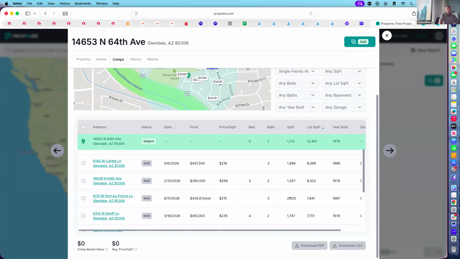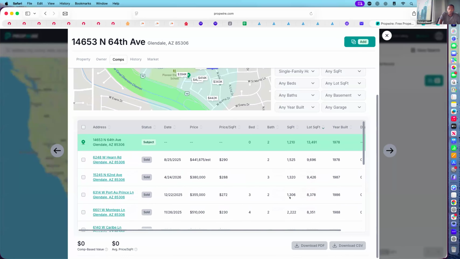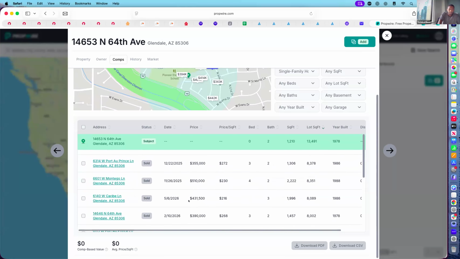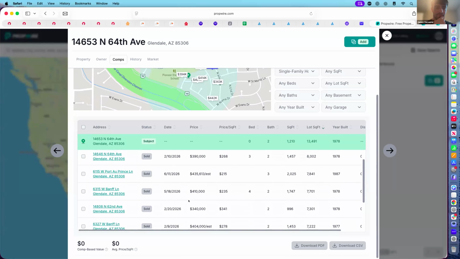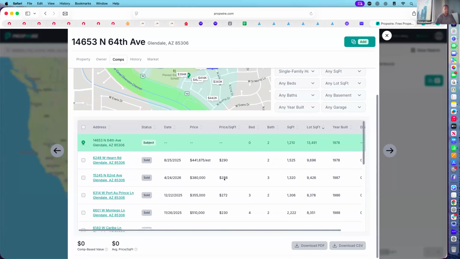But you would think because they built a 2,000 square foot home that they would have at least sold over 450. It seems like there's a pretty weird ceiling on the properties. 390 this year. So I can't justify an ARV of more than maybe 450 as the ceiling.